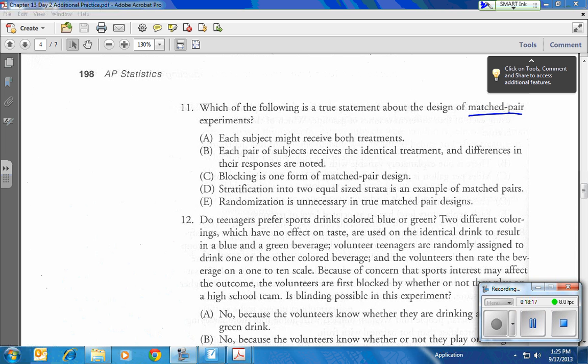Okay, sometimes you want to measure people before and after, the same person, right? So, for example, if you're doing a diet, you can measure everyone before, put everyone on the same diet, and measure the results at the end. Does that make sense?